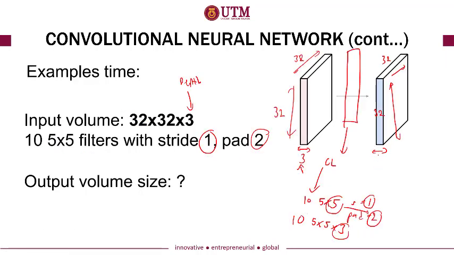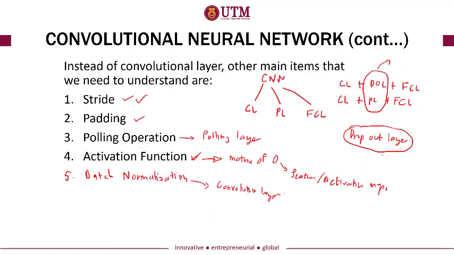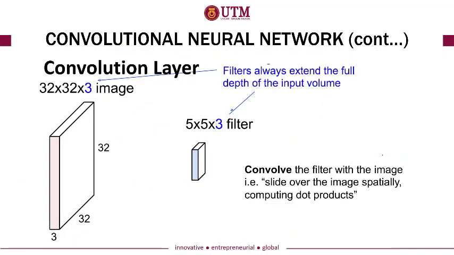Why 10? Because you have 10 filters. Remember that one filter will produce only one layer. If you have 10 filters, you will have 10 layers, and those layers represent the depth of your output matrix. This is just an exercise for you. Just review the previous lecture if you remember about the layers there.